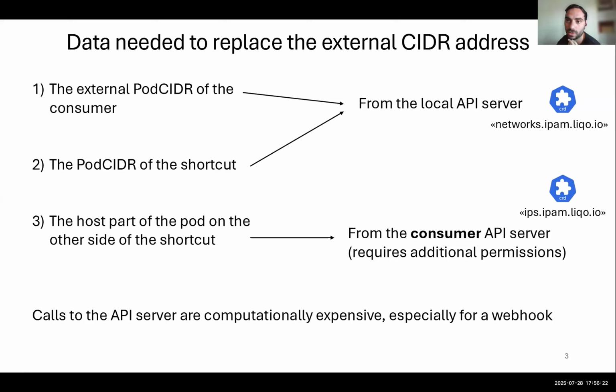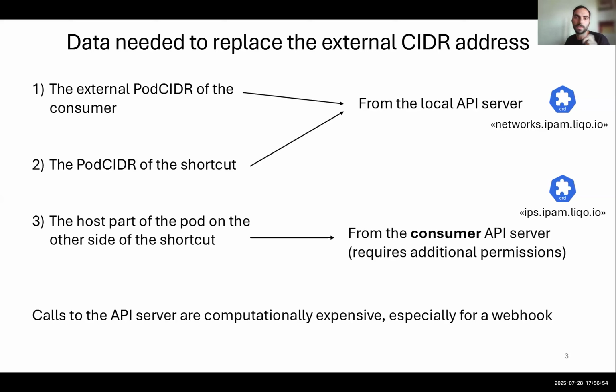So in order to fetch it, we need to make an API call to the API server of the consumer cluster. And this is not suitable, of course, for a webhook, which needs to be faster. And we also need some permissions and stuff like that. So I didn't like something like that. And this way is to make it automatic, let's say.